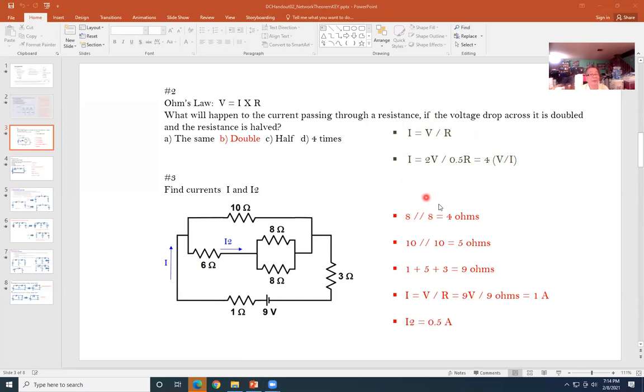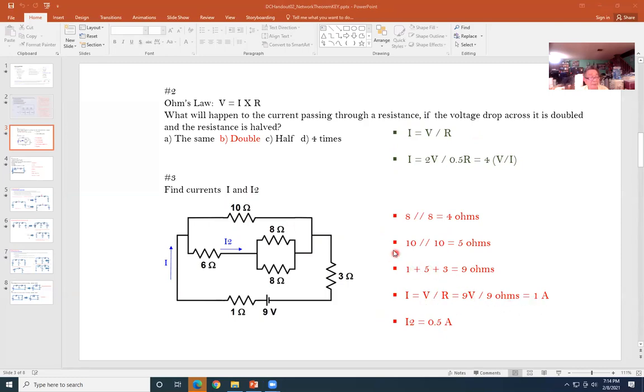Okay, formula, law here. Now for this circuit, they want to find the current I and I2. Basically I2 is 0.5 ampere, and I is 1 ampere.